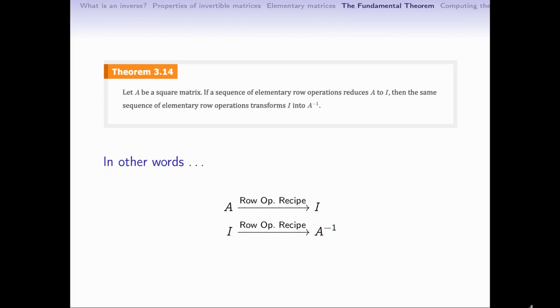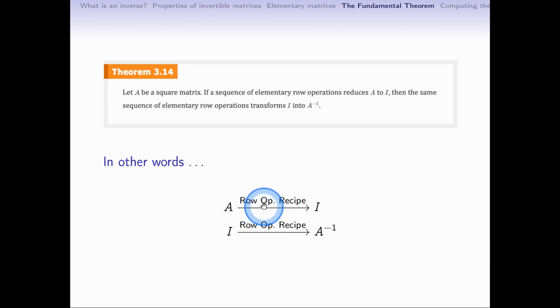Here's theorem 3.14. Let A be a square matrix. If a sequence of elementary row operations transforms the matrix A to the identity matrix, then the same sequence of elementary row operations transforms the identity into the inverse of A. So in other words, let's think of it this way. Suppose that I have a sequence of elementary row operations.